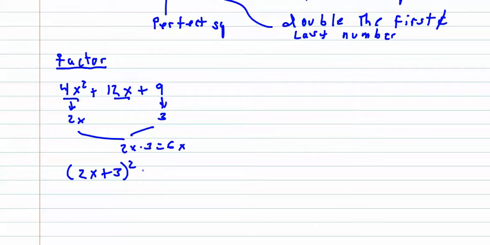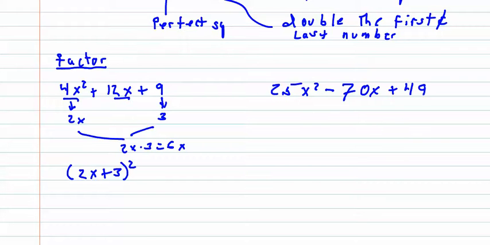If the first one is a perfect square, the last one is a perfect square, and the middle is double the two square roots. Now let's look at another one. We'll go with 25x squared minus 70x plus 49.